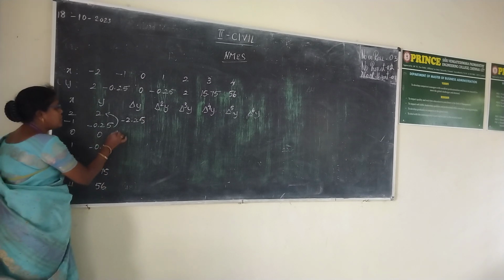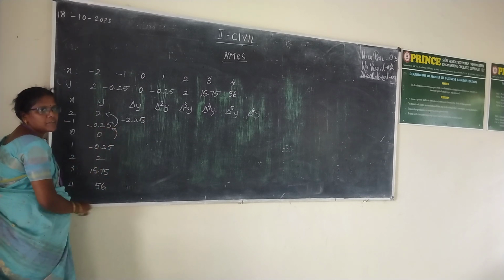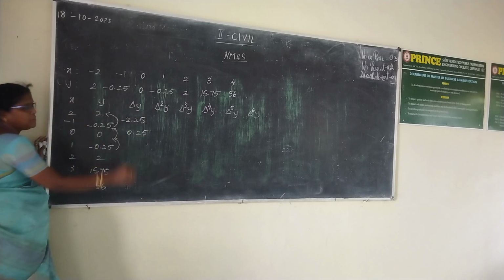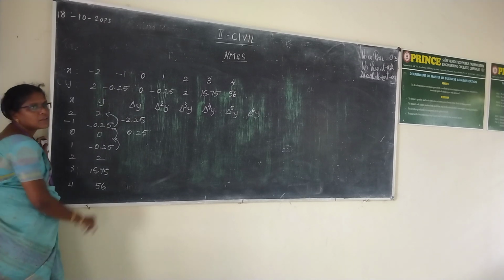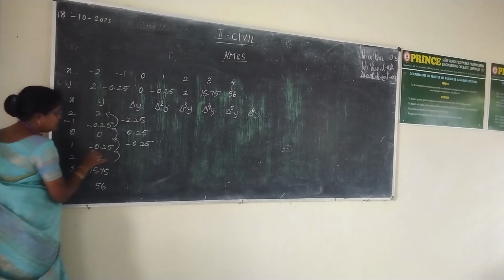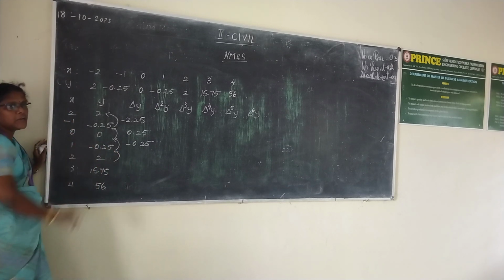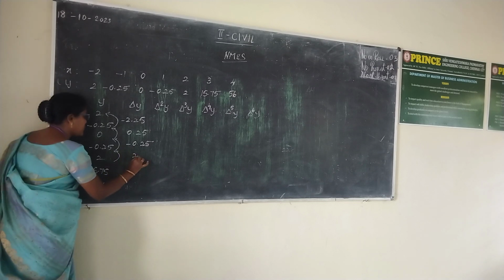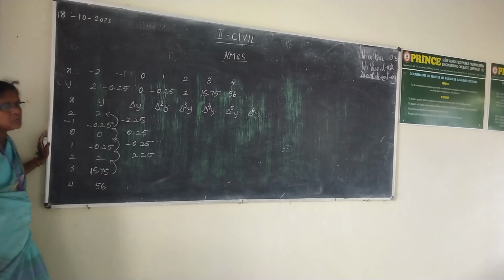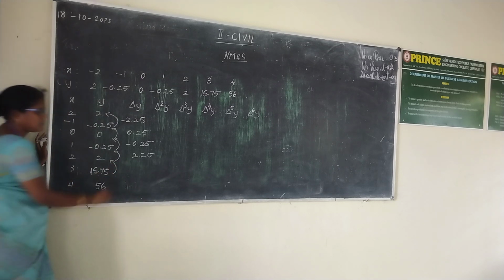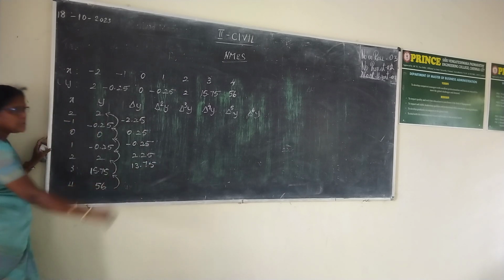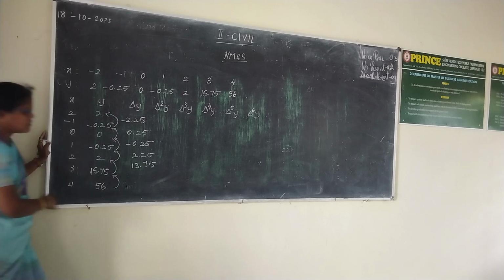Next one, 0 minus (-0.25) is 0.25. Then -0.25 minus 0 is -0.25. Next, 2 minus (-0.25) is 2.25. Then 15.75 minus 2 is 13.75. 56 minus 15.75 is 40.25.